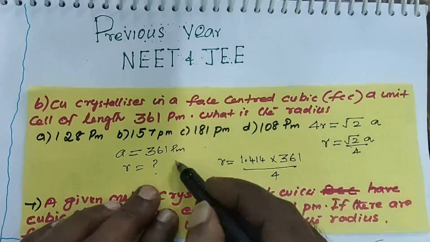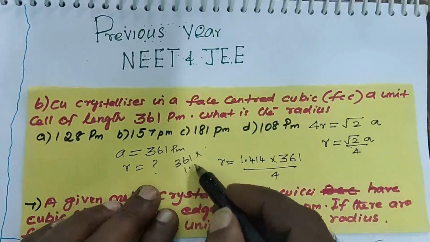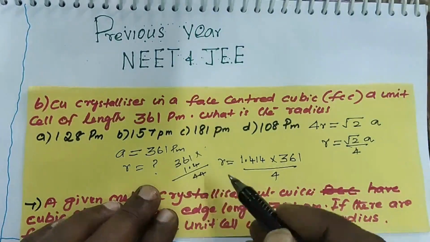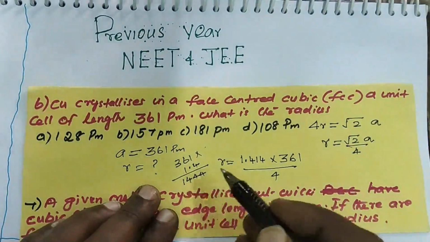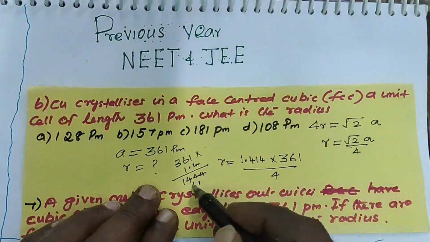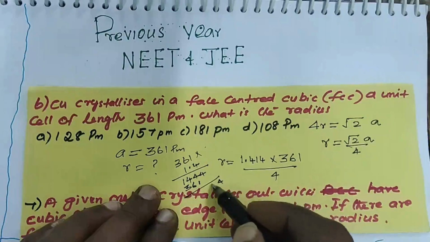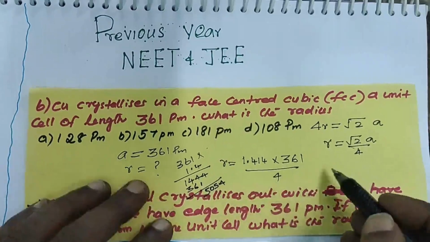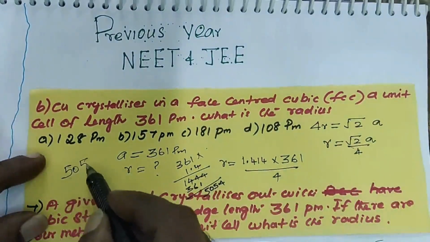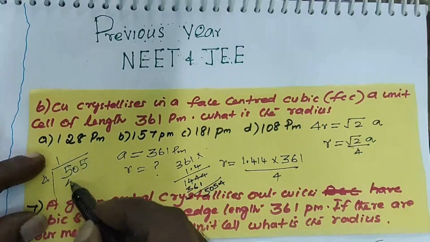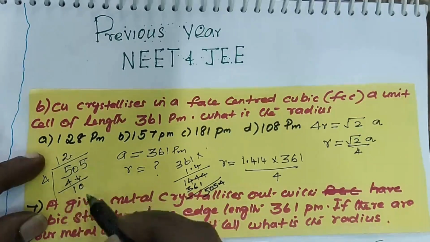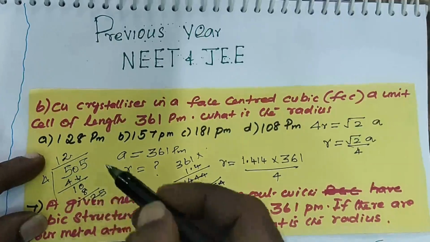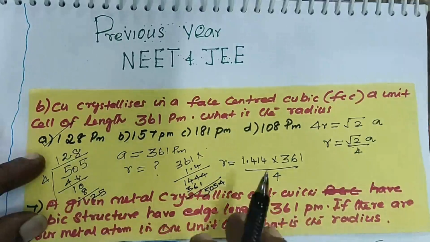So 1.4 into 361 is 505.4, that is 505. 505 divided by 4 gives about 126. So the option A is the correct answer.